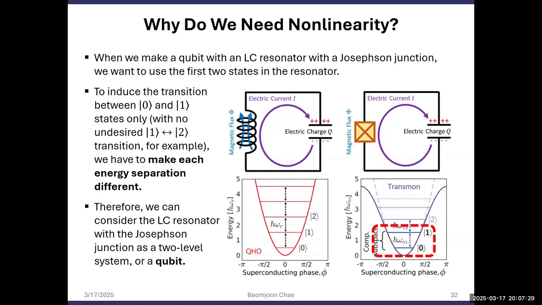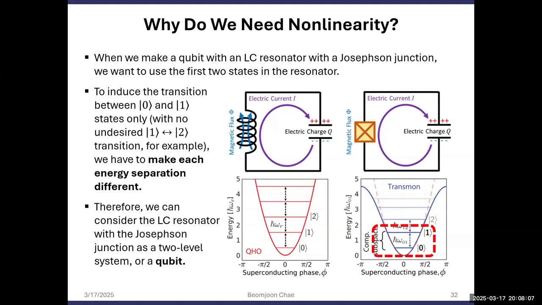So if we try to deliver some electromagnetic field to make a transition between the 0 state and the 1 state, it also induces transitions between the 1 state and 2 state, 2 state and 3 state, 3 state and 4 state, etc. So if we add the Josephson junction as a nonlinear inductor, then the energy differences between the qubit states are all going to be different.